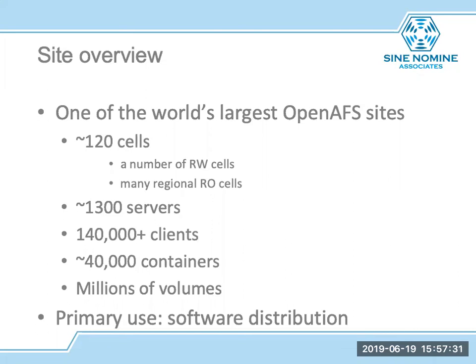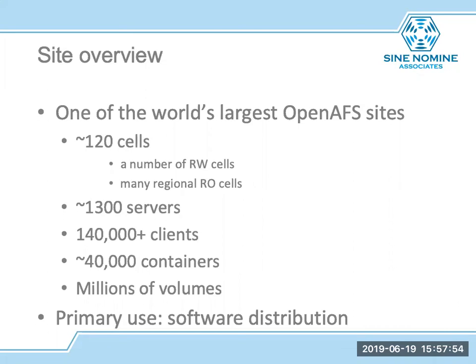This work was actually started maybe 2 years ago, and at that time, the size of the VLDB that I was working with as my model was about 1.7 million volumes. But the current largest cell at this site has 3.5 million volumes in its VLDB.